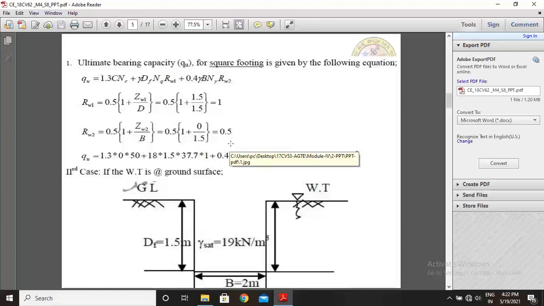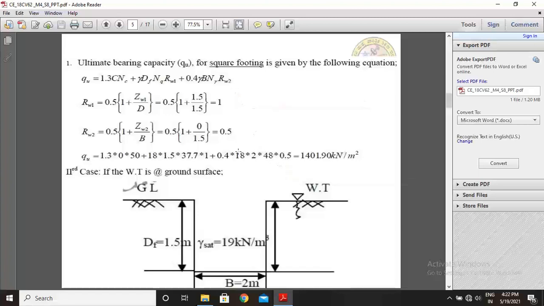After calculating the water reduction factors RW1 and RW2, now you substitute the values in the above equation, that is QU equal to 1.3 into C is 0 into NC is 50 plus gamma is 18 into DF is 1.5 into NQ is 37.7 into RW1 is 1 plus 0.4 into gamma is 18 into B is 2 meter into N gamma is 48 into RW2 is 0.5.